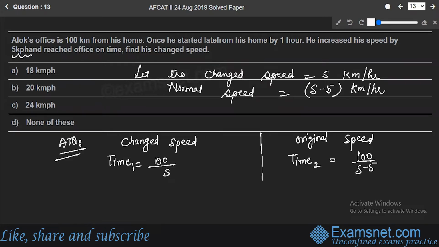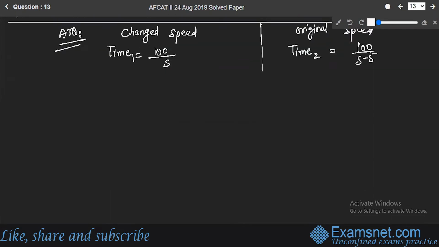Then according to the question, time 2 minus time 1 was 1 hour. That means 100 upon s minus 5 minus 100 upon s is equal to 1.